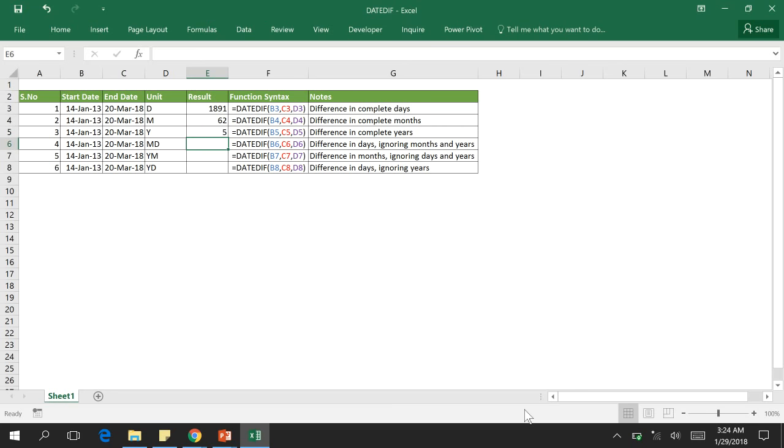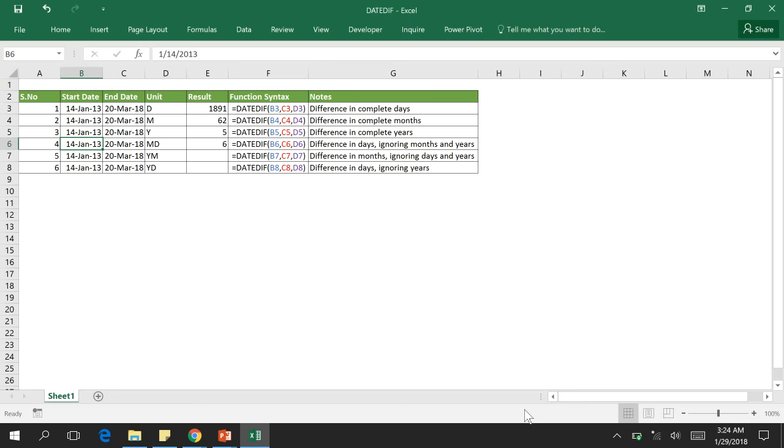Now moving to the fourth unit, which is MD. In my first argument, start date, second argument, end date, my unit, which is MD. So it will calculate the duration only in days, ignoring months and year. So friends, in this example, it will ignore the months, which is Jan and March, and ignore the year, which is 2013 and 18.